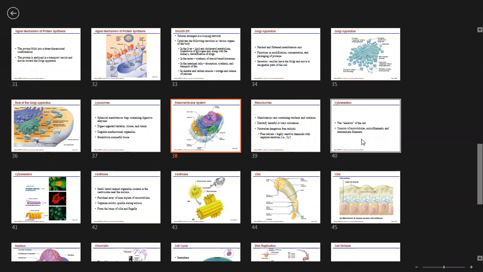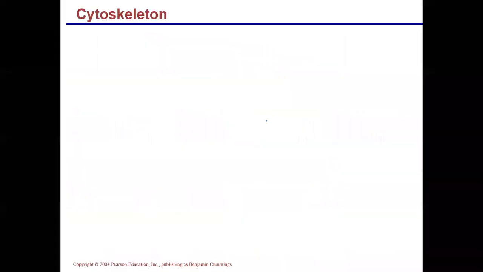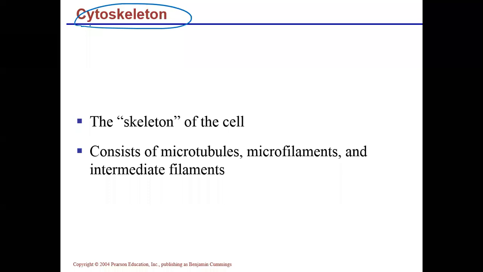Next up, we have the cytoskeleton. The cytoskeleton is kind of like a frame to a house. It's the skeleton of the cell. Without the cytoskeleton, the cell can collapse. It could have structural damage easily, and you're not having the support that you need.